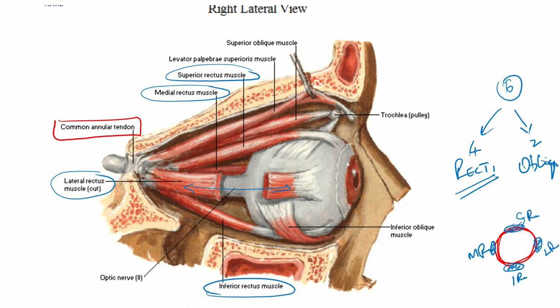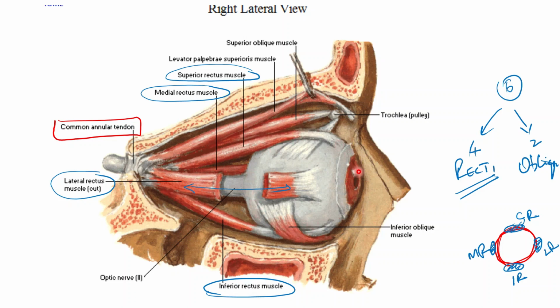When we talk about the insertion of the 4 recti muscles, they are directed straight forward within the orbit and spread out at the site of their insertion towards the sclera.